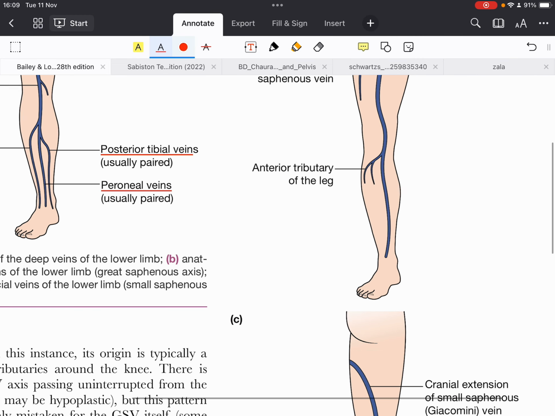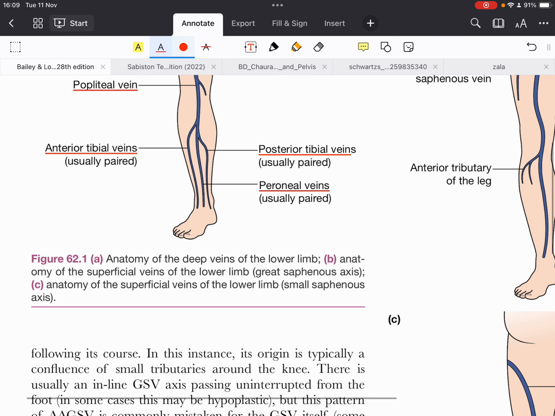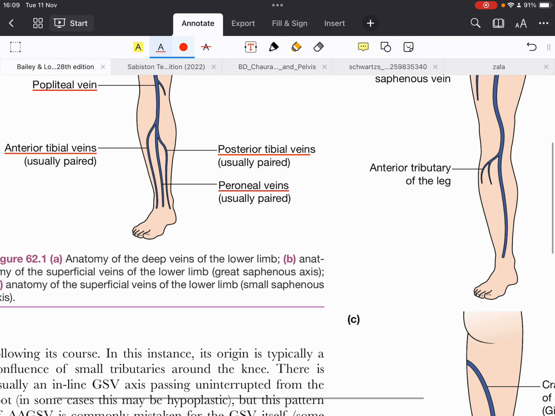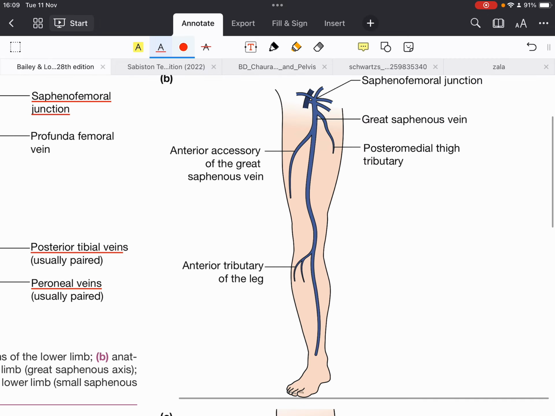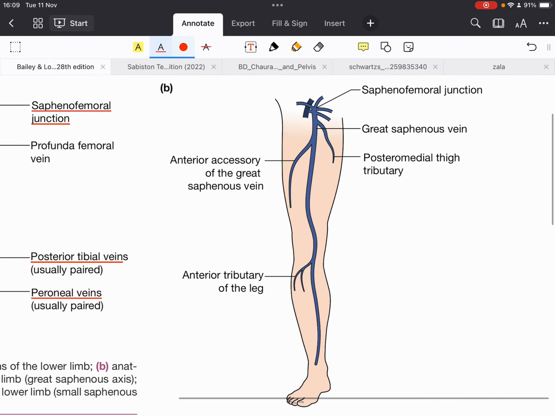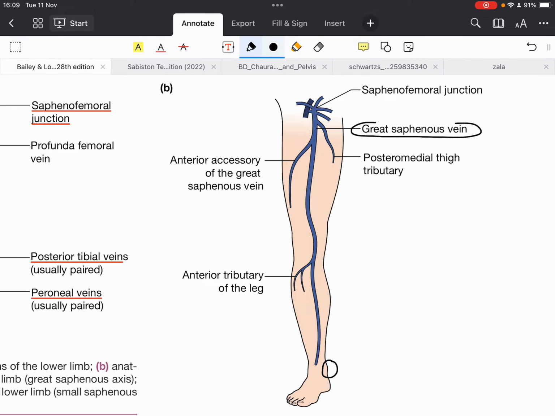This is the posterior view. B: anatomy of the superficial veins of the lower limb, great saphenous and small saphenous. Here is the great saphenous vein, medial, at the medial malleolus. This is the course of the GSV, great saphenous vein, and the saphenofemoral junction.